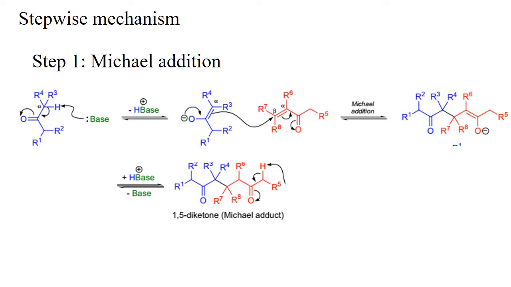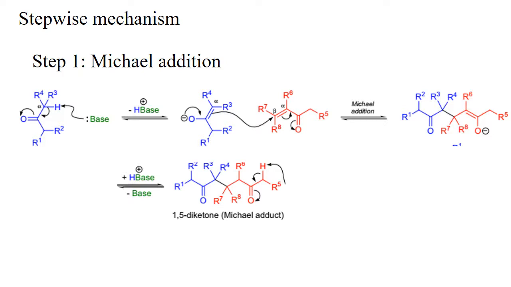Its beta carbon is more electrophilic than the carbonyl carbon. So the Michael donor attacks at the beta carbon and converts the compound into another enolate form. See this one. The oxygen of alpha beta unsaturated carbonyl compound is carrying a negative charge.